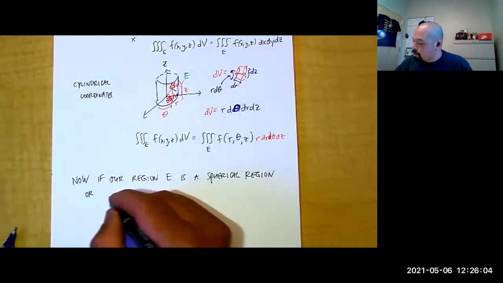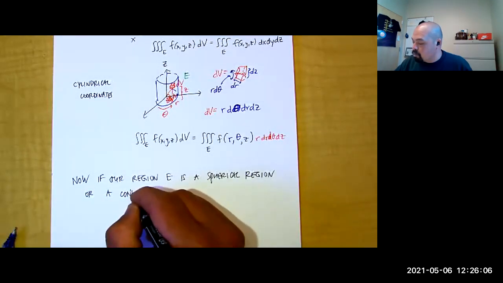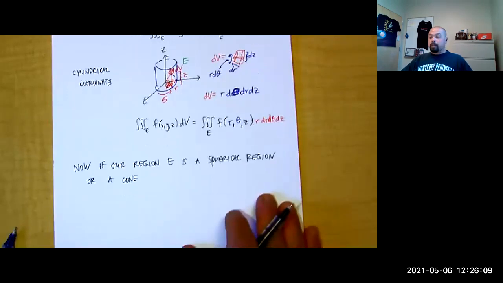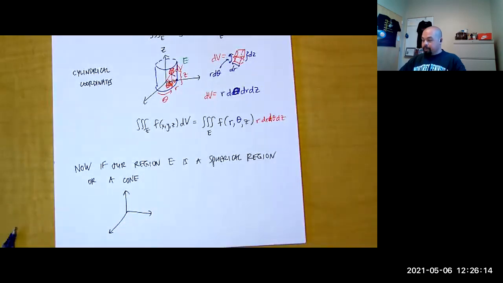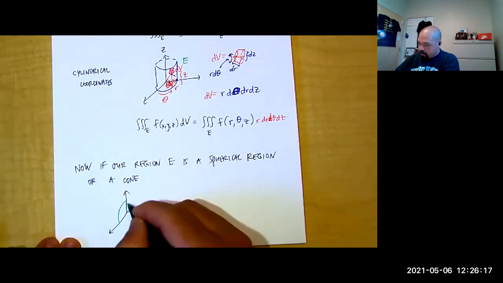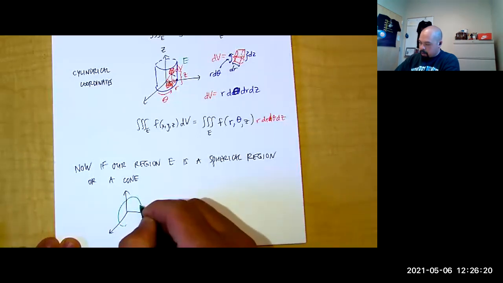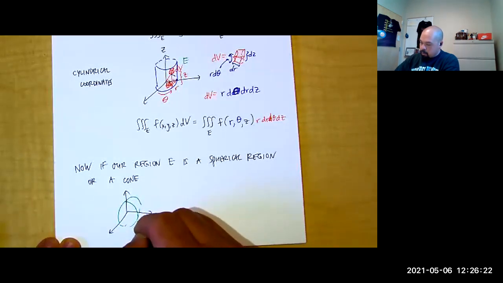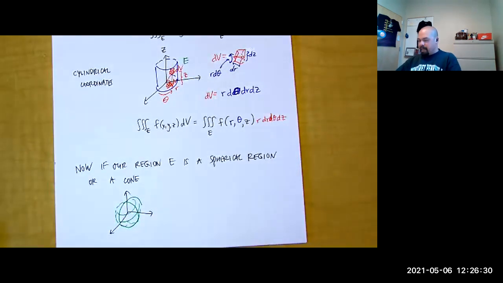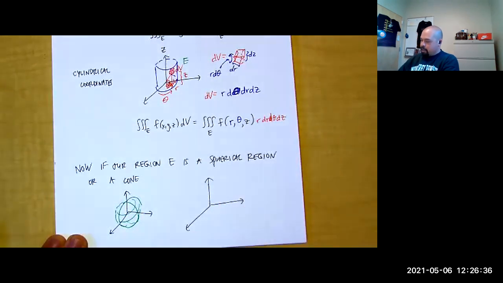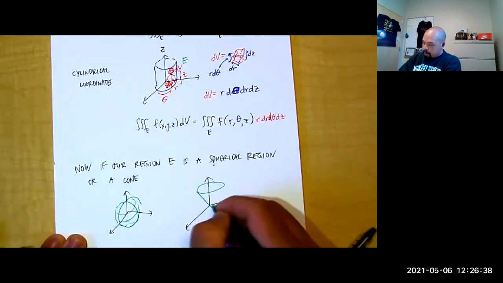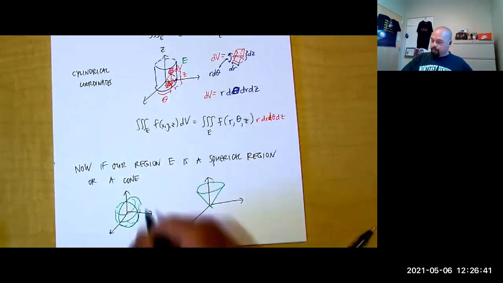Or a cone, a similar idea. So whether we have in our space a sphere through which we're integrating, and again, trying to draw this quickly, we get our sphere here. I know it's kind of messy. The textbook has much better diagrams. Or even a cone through which we're integrating.